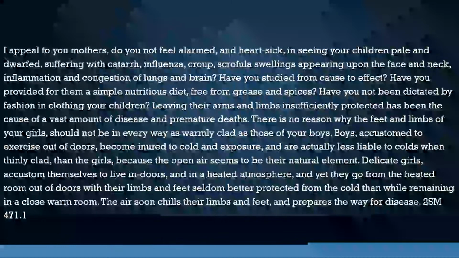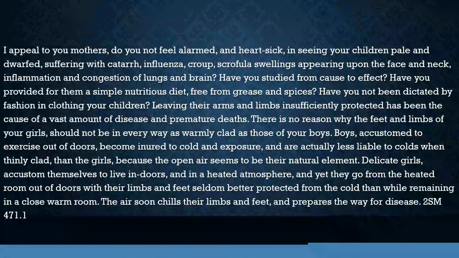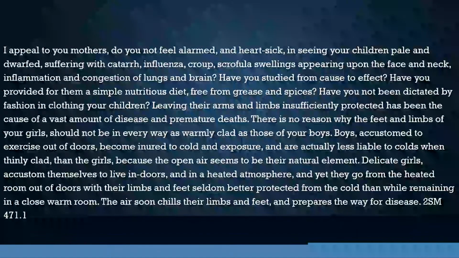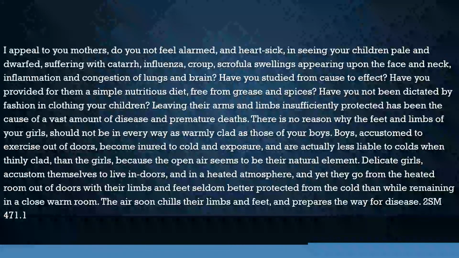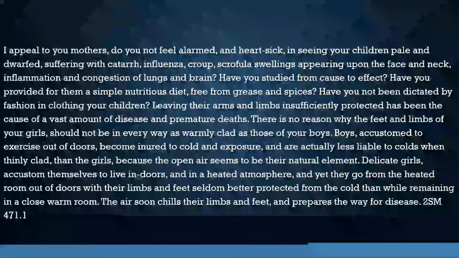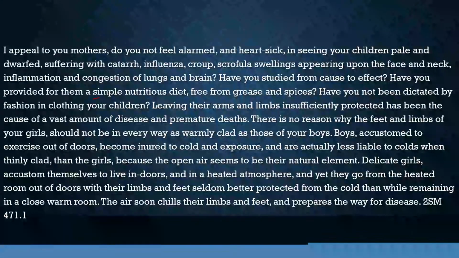Have you studied from cause to effect? Have you provided for them a simple, nutritious diet free from grease and spices? Have you not been dictated by fashion in clothing your children, leaving their arms and limbs insufficiently protected, which has been the cause of a vast amount of disease and premature deaths?